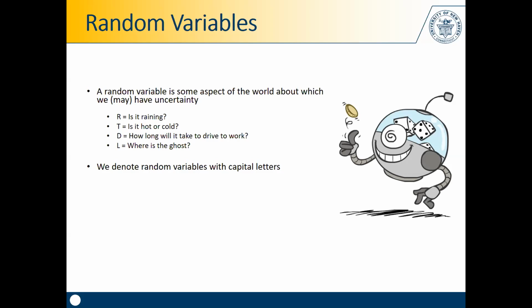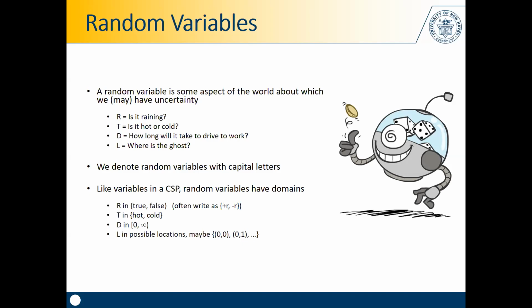And we can represent that with random variable D. Or in our toy example, Ghostbusters, the random variable L can represent the uncertainty in the position of the ghost. Now, this is a notational rule that we denote random variables with capital letters.